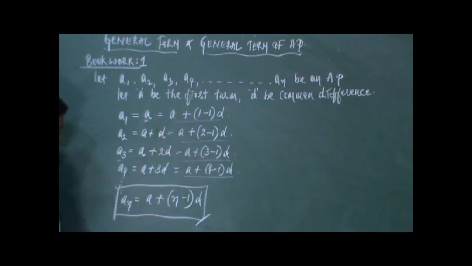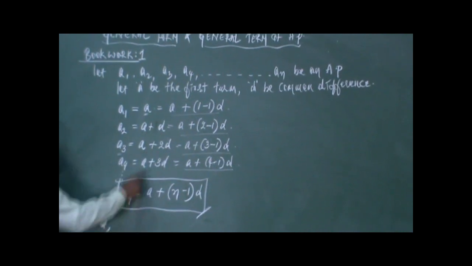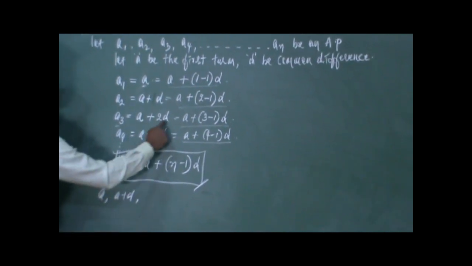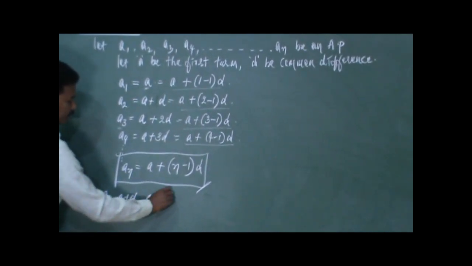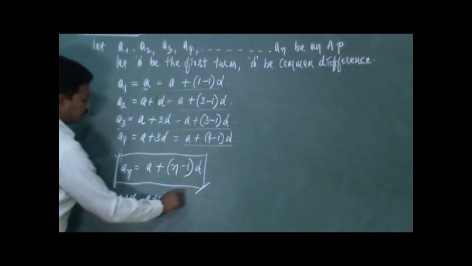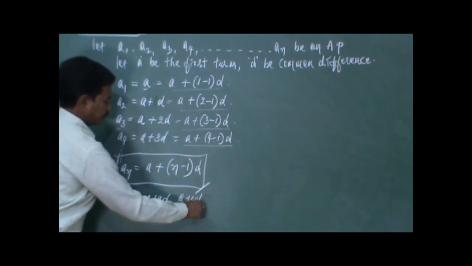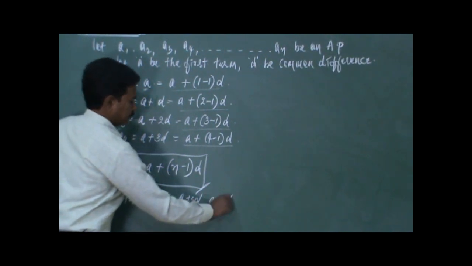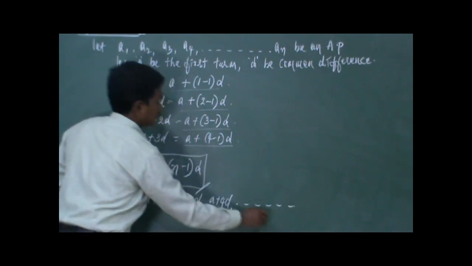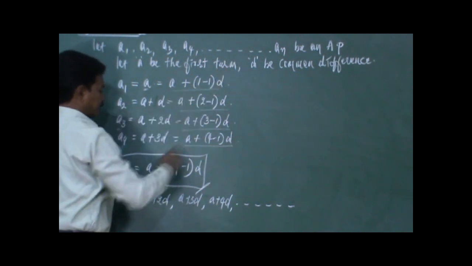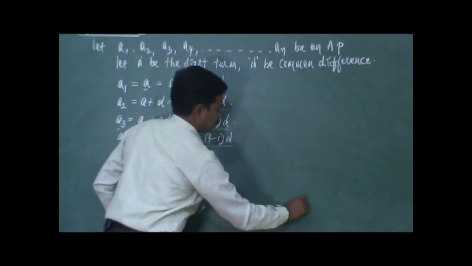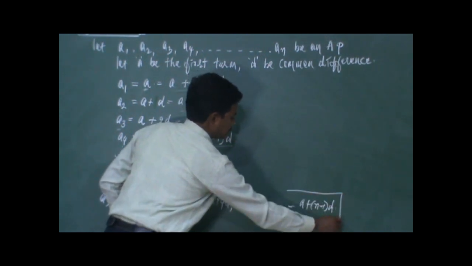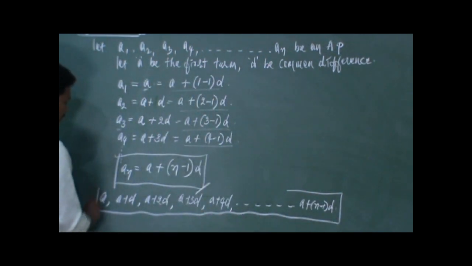First term is a, second term is a plus d, third term is a plus 2d, fourth term is a plus 3d. Can you guess the fifth term? That comes a plus 4d, and so on. What is the general form of the nth term of an AP? That is a plus n minus 1 into d. So this is the general form of an AP.